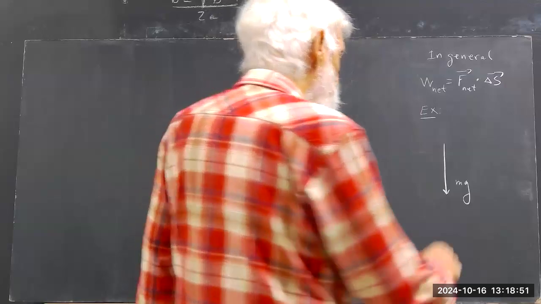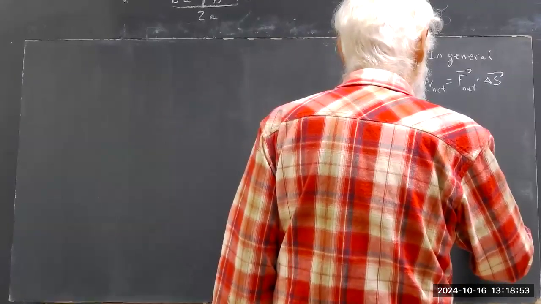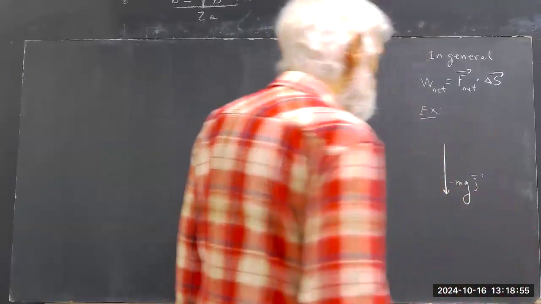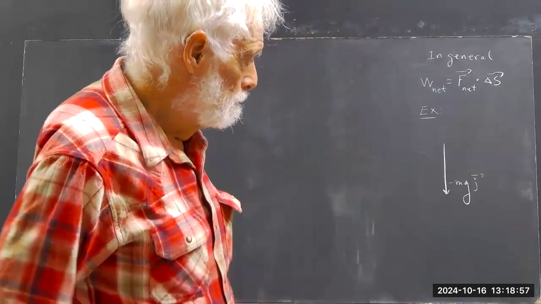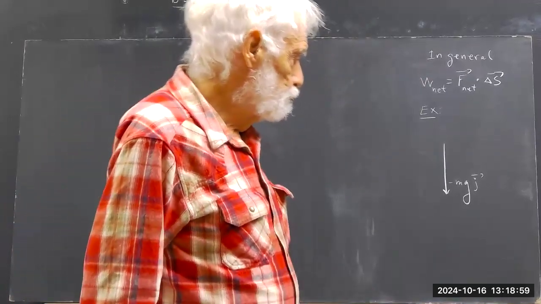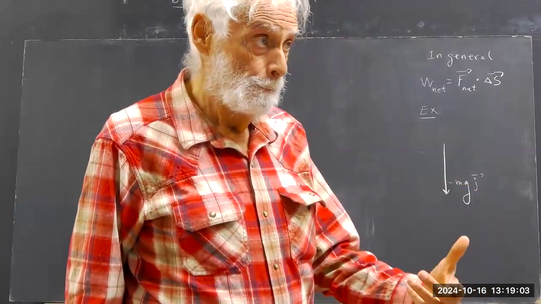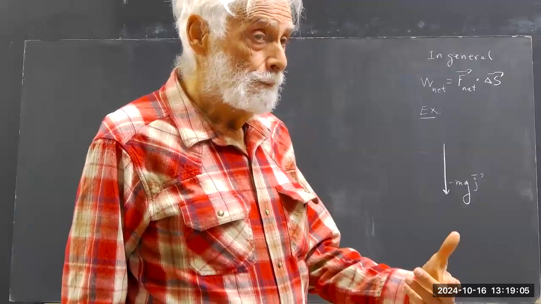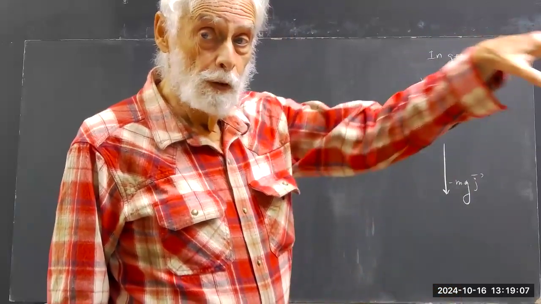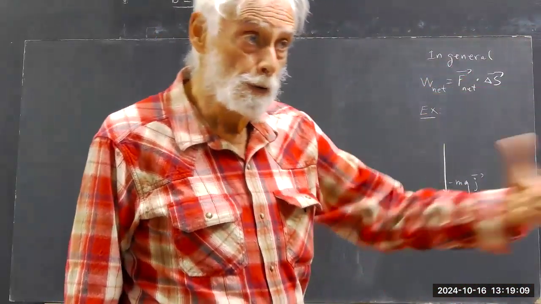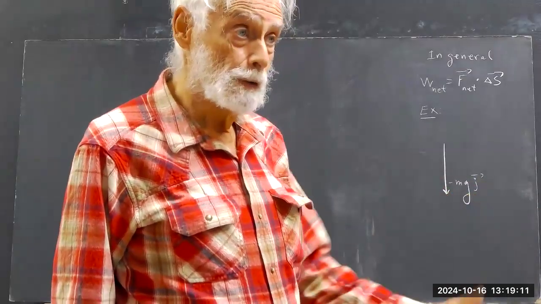So it's experiencing force negative mgj. Now imagine the rock thrown off the cliff. It goes up, comes down, lands somewhere much lower than where it was started from.